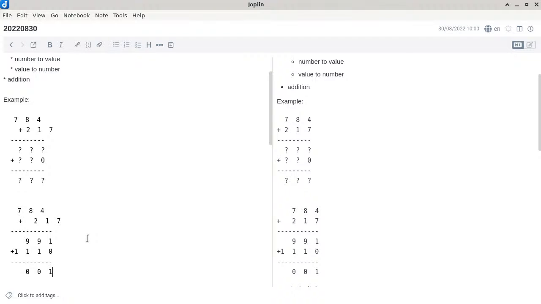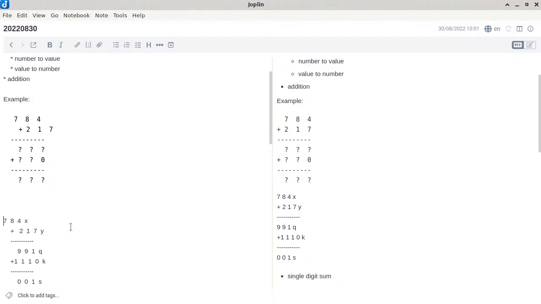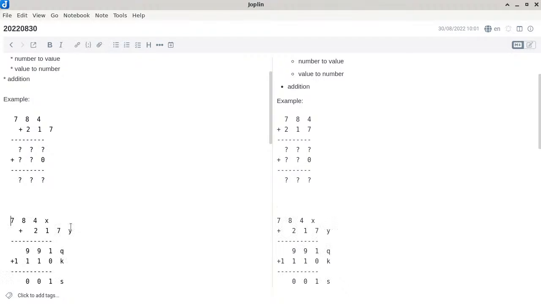All right. So now I'm going to start to name the rows and the columns. This row I would call X. This row I'm going to call Y. This row I will call Q. This row I will call K. And this row I'm going to call S. In addition, I will also name the columns. So the columns would be column 2, column 1, and then column 0.